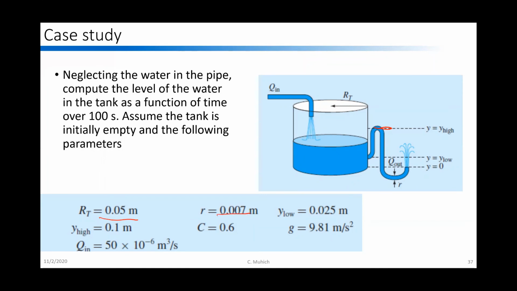The radius of the output tube is 0.007 meters. The low height of the siphon entrance is 0.025 meters. And then we have the rate flowing in and gravity.